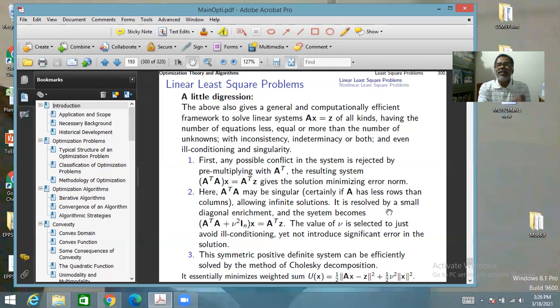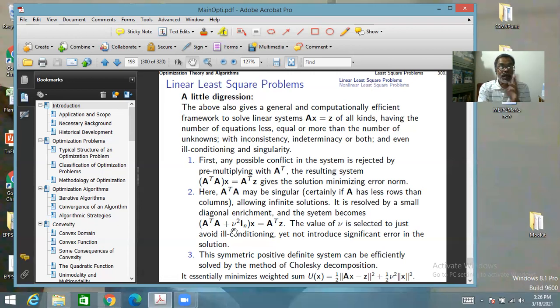You add a little number to all the diagonal entries of this. That little number here we have denoted by nu square. It is as if adding a quantity of the magnitude nu to the original matrix. So since it is A transpose A, it is nu square. Okay.